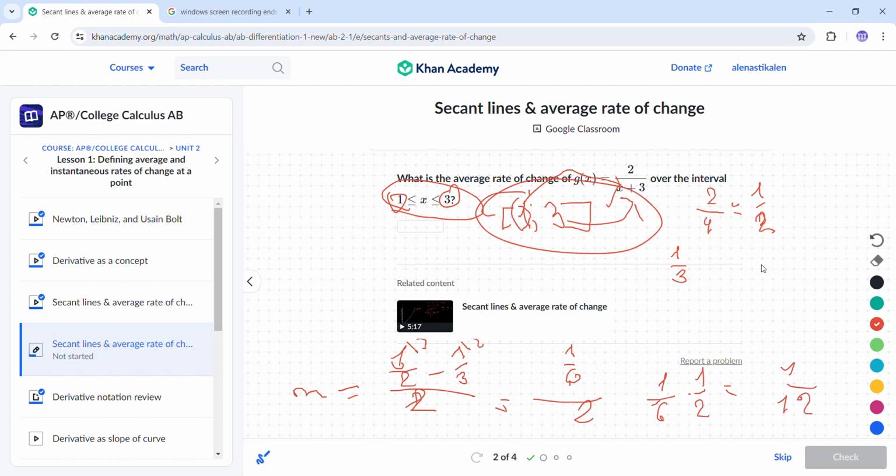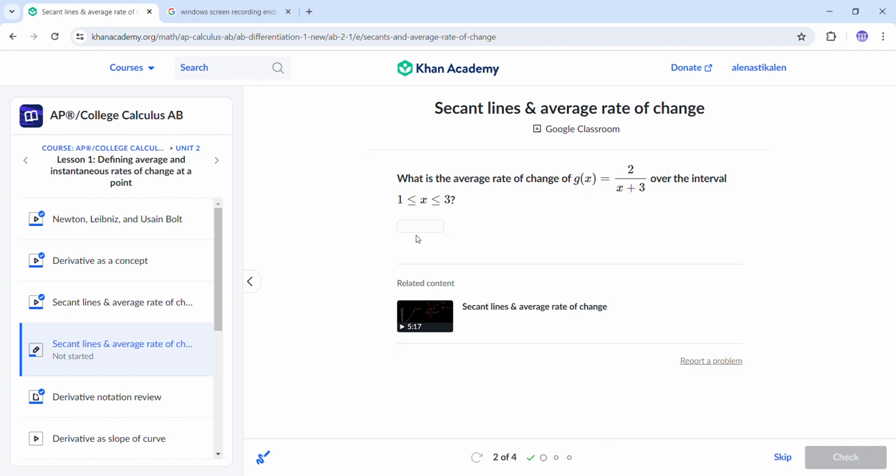Obviously, I might make a mistake and everything, but I don't really think there's any mistakes here. So let's just see, 1 over 12. Again, they're telling me that the answer should be in a fraction form, which makes me think that I actually got everything right. But let's see, 1 over 12.